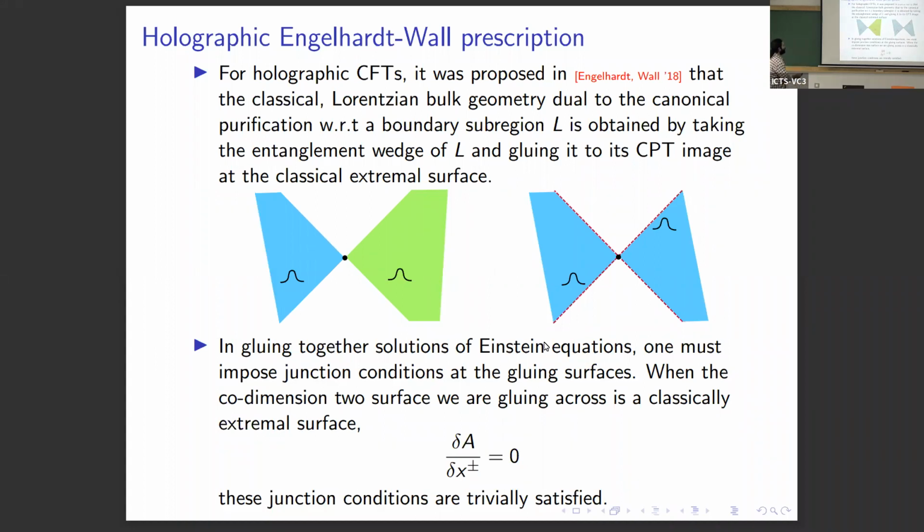For classically extremal surfaces, the null expansions vanish. This particular dA by dx plus or minus is 0, and so the junction conditions are trivially satisfied. In particular, you don't need any extra matter stress tensor on the quantum extremal surface or the corresponding null slices for this geometry to be supported.